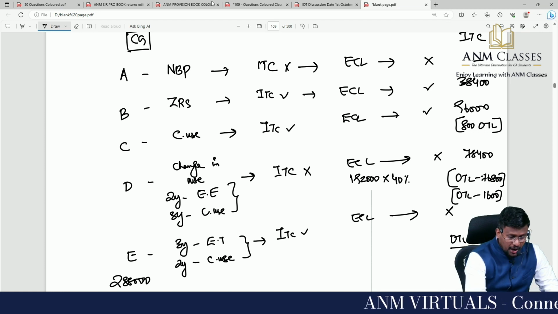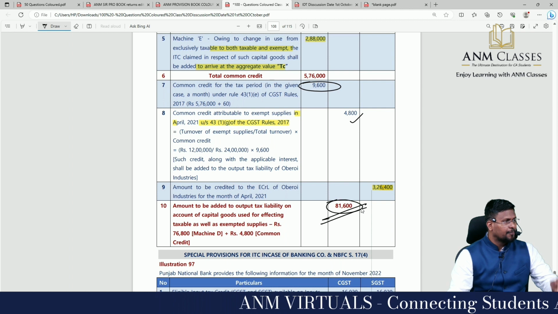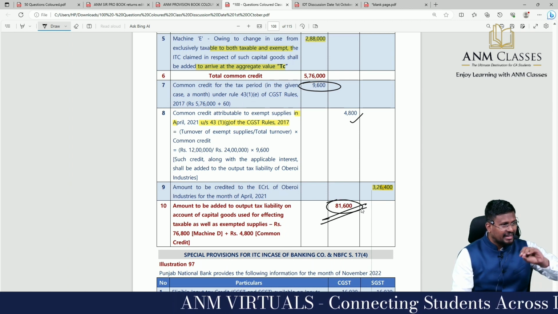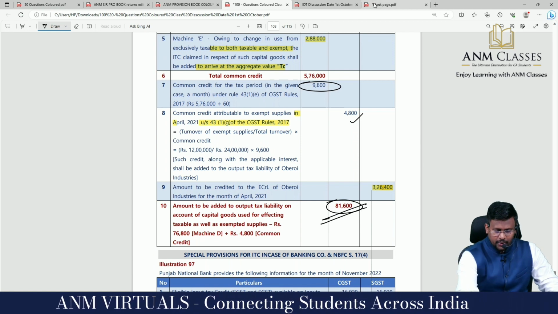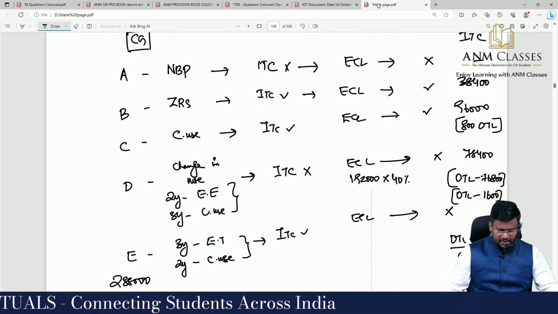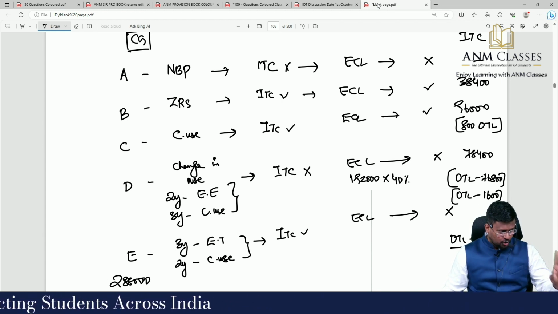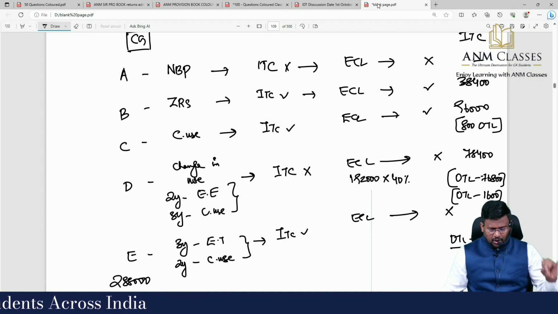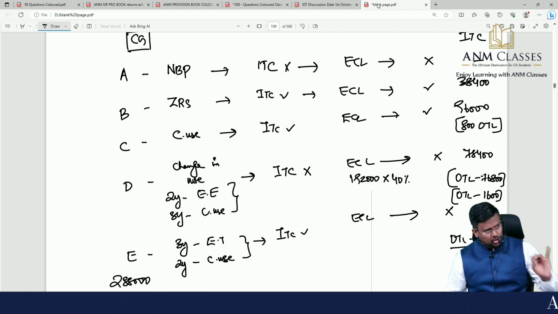You have to add 81,600 to the output tax liability. This is the detailed explanation asset by asset. With regard to the first machine, you will not credit any amount to the ECL, but with regard to the second machine, you will credit 38,400 to the ECL. With regard to the third machine, you will credit 96,000 in one shot to the ECL.